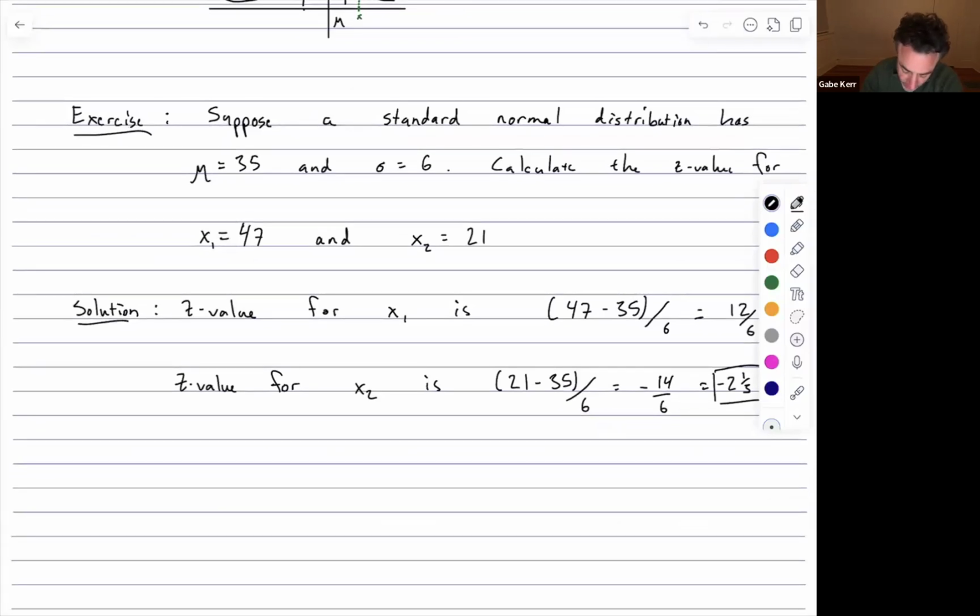But you can kind of reverse this type of problem and have a different kind of problem. So let's do this. Suppose a standard normal distribution has, we'll say, mu equaling 4 and sigma, the standard deviation, equaling 3.